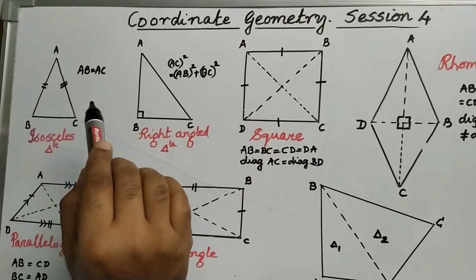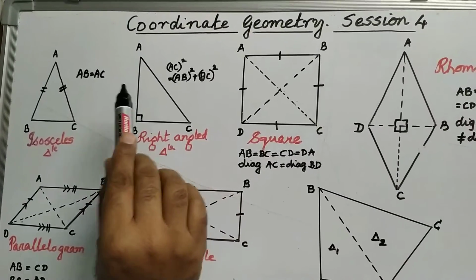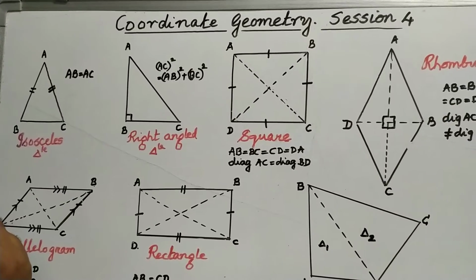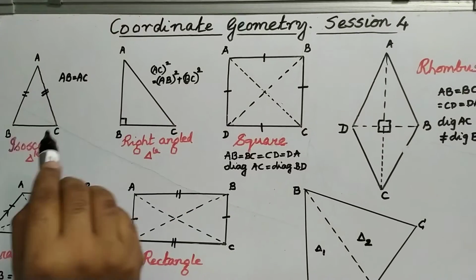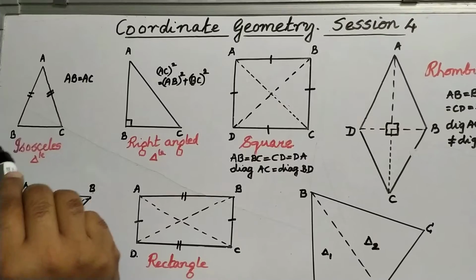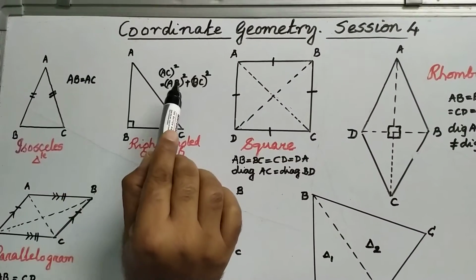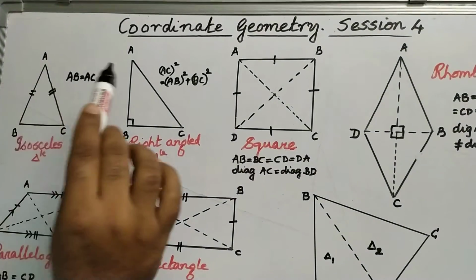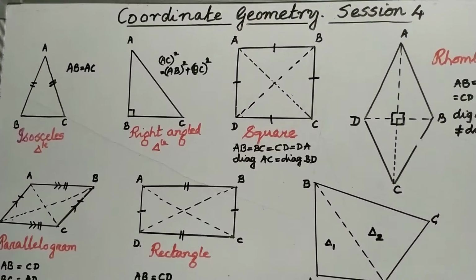If they ask you to prove that the given three vertices form a right-angled triangle, then use the distance formula, find out AB, find out BC, find out AC. If the square on one side is equal to the sum of the squares on the other two sides, then the three vertices form a right-angled triangle.